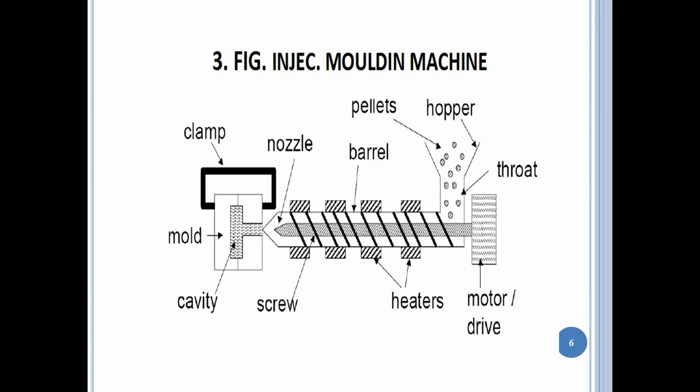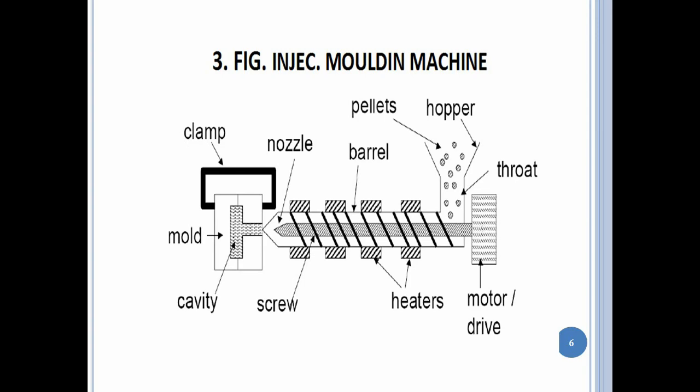What happens initially? Granules of thermoplastic or thermosetting materials are added into the hopper. Then they are fed forward into the chamber and get heated with the help of heaters.